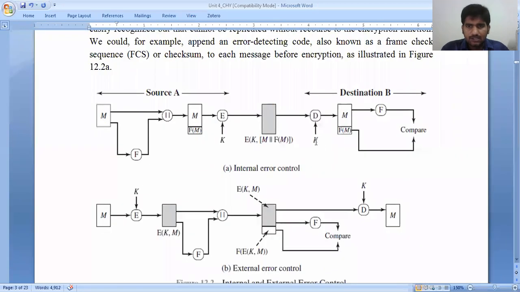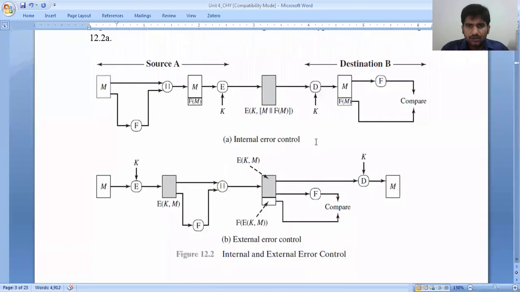So this is a message authentication code, how are we going to find it? It is nothing but a frame check we are going to do. We can simply call it a checksum. We find out the checksum and send it along with the message, and later we do the encryption and transfer it through the network.